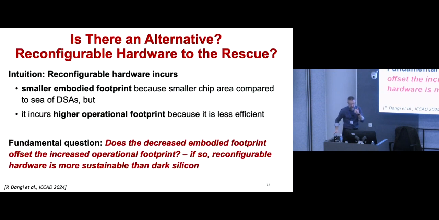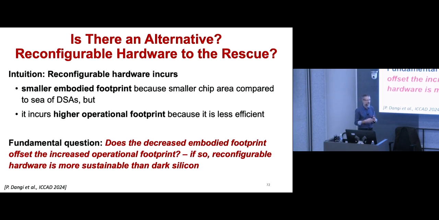And so the question we asked ourselves was, well, won't reconfigurable hardware be a solution here? And the vision was quite simple. If we were to replace this sea of DSAs, these 30, 40 DSAs, with a reconfigurable fabric that we can dynamically reconfigure for the different types of applications that we run, we may end up with a more sustainable system design.